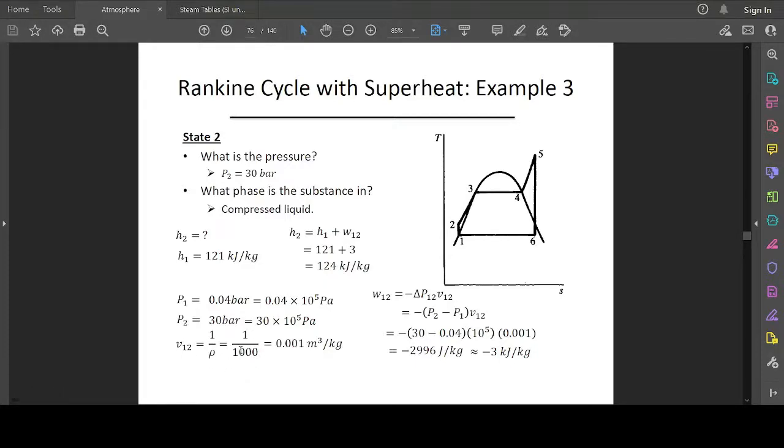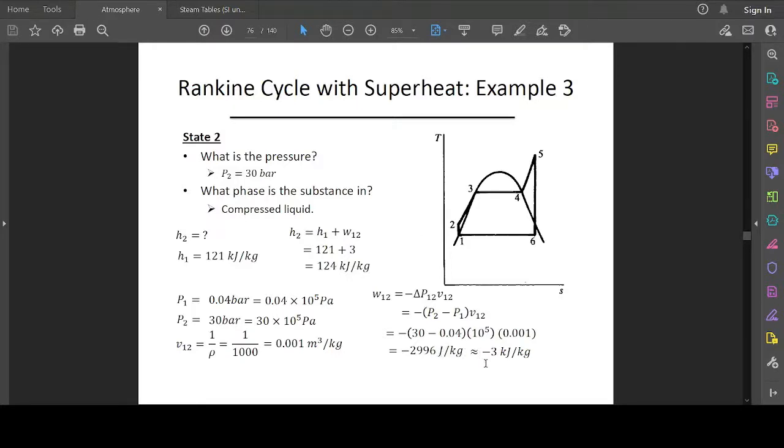If you take the inverse of that, it gives you the specific volume, which is 0.001 meter cube per kilogram. Now, if we multiply that against the difference of pressure, taking into account the negative sign that comes with the formula, remember this formula from our ITF and the first lecture, where we explained all of this, then you get the value for the work done by the pump.